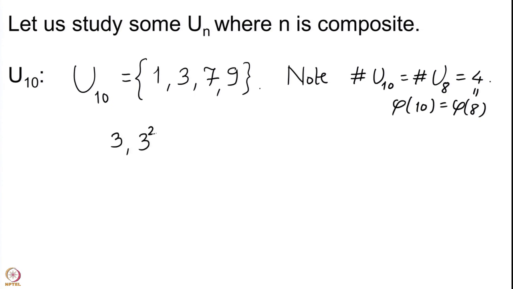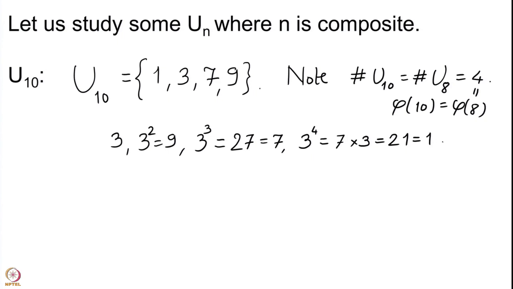So, 3 square is 9, 3 cube is 27, which is 7 because we are working modulo 10, and then 3 raised to 4 is 7 into 3, this is 21 and therefore this is 1. So, order of 3 in this group is 4, and so we get that U10 is isomorphic to C4.